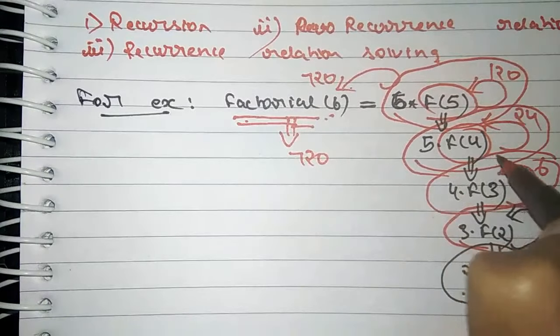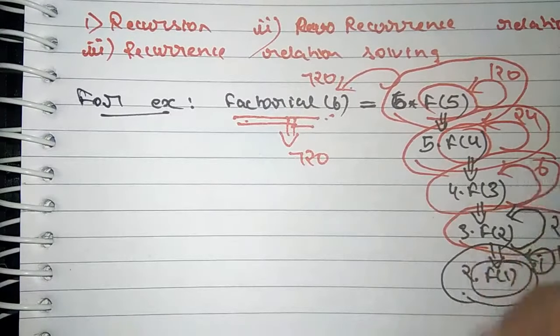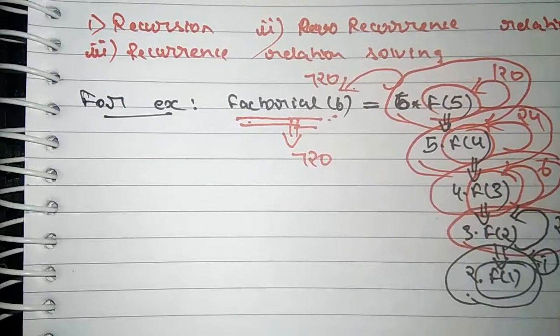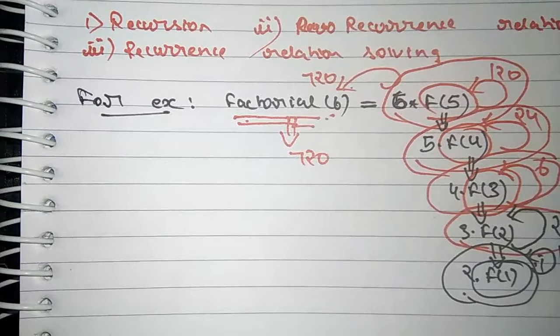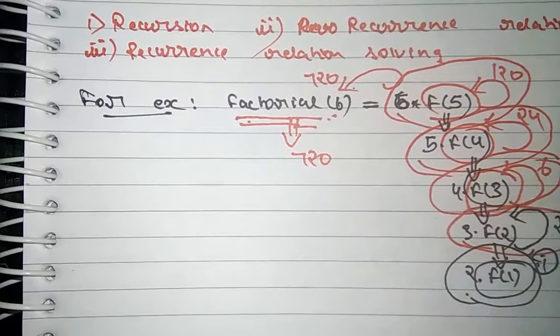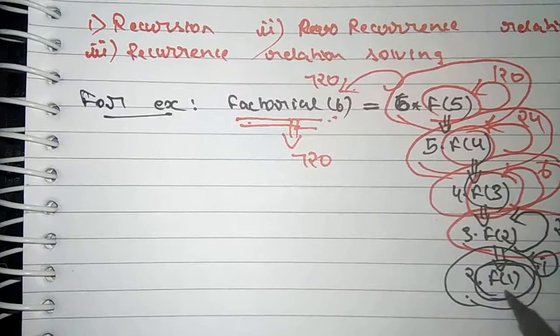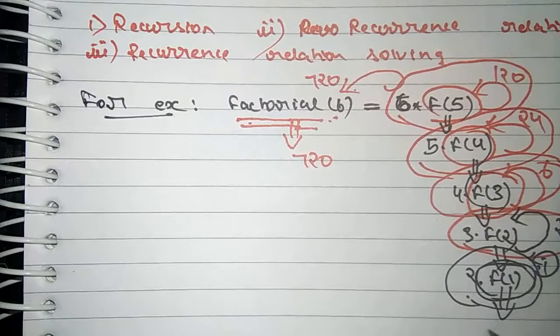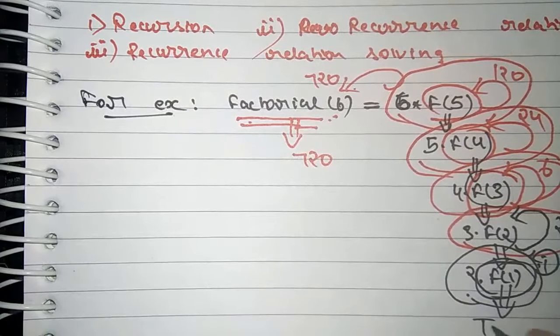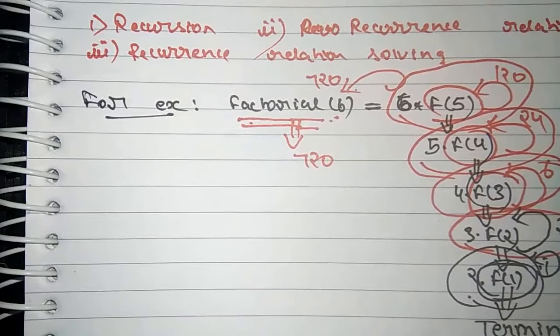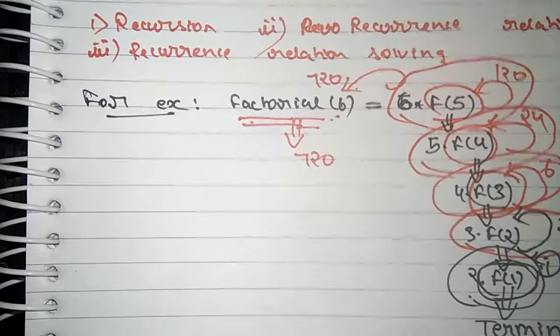So we called the f of 4. To find the factorial of 4, we required factorial of 3. So we called f of 3. And so on, we called f of 1. This is the termination condition, right?